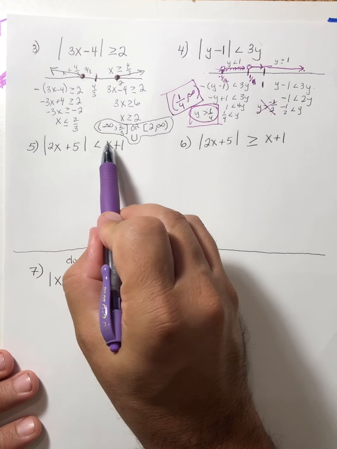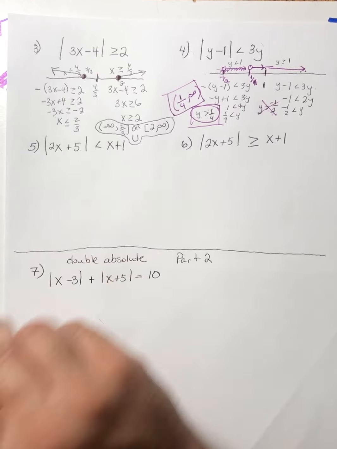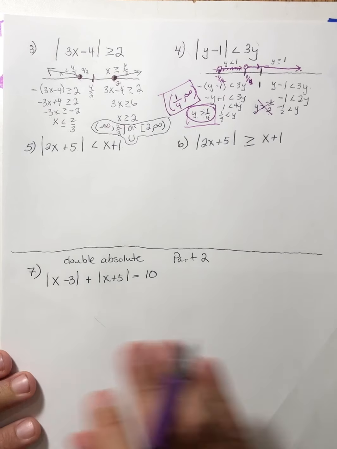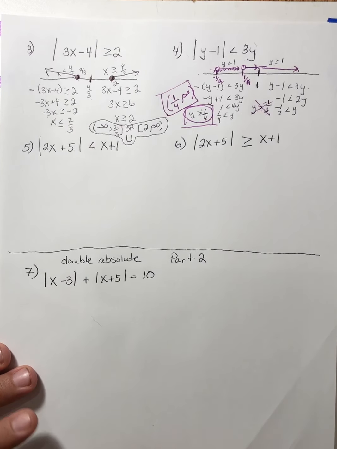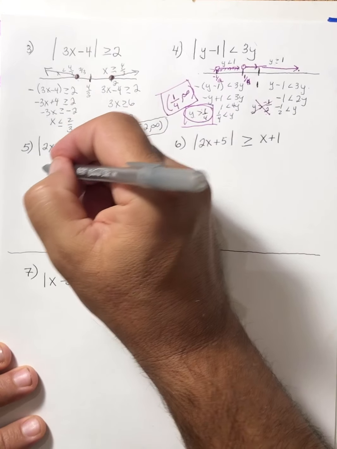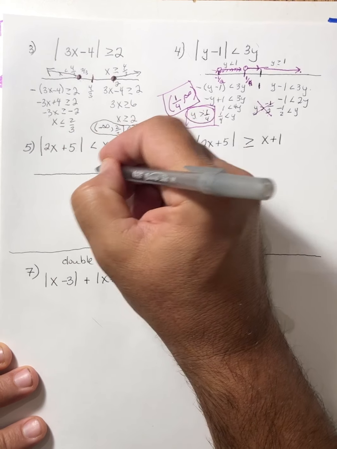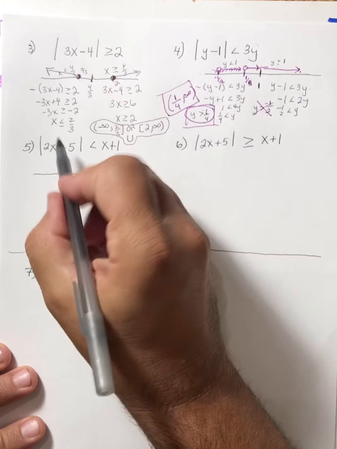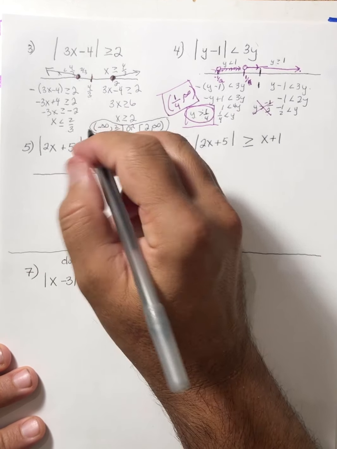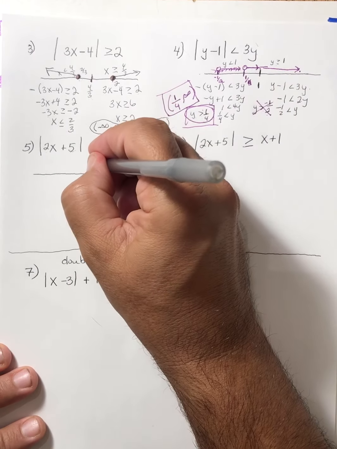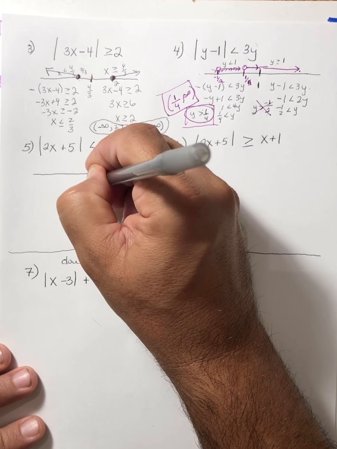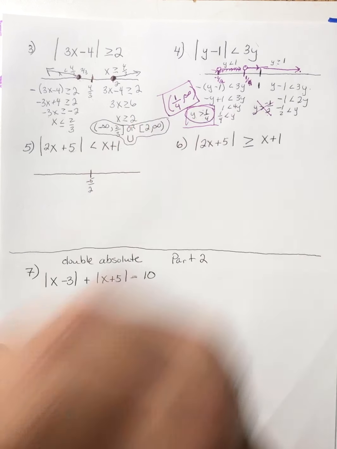2x plus 5 is less than x plus 1. Okay, where is this equal to 0? So when is that equal to 0? Yes, negative 5/2, or 2.5, a negative 2.5.